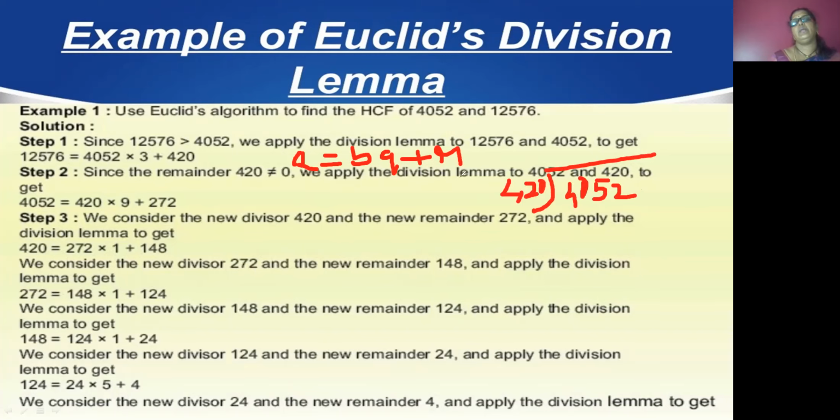So the 420 table, how many times? 9 times. So 420 nines are? Can anyone say the answer? I'll give you time. Yes, 3780.